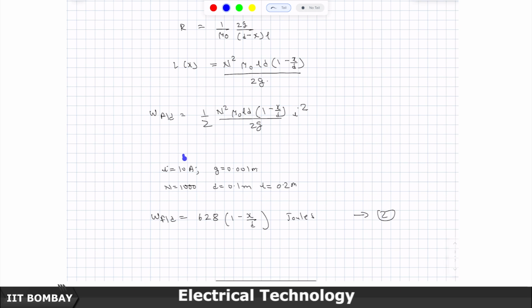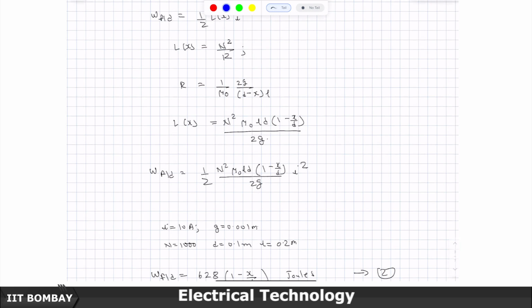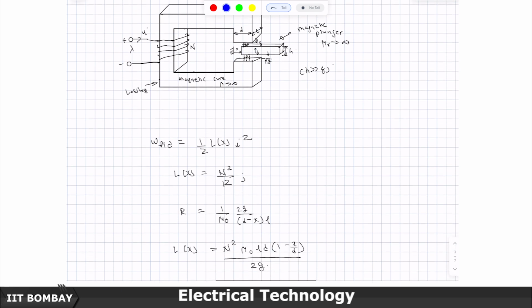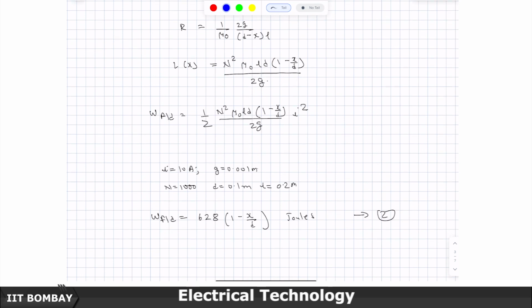Now, let us assume that the current we have set up is 10 amperes, the gap is 1 mm or 0.001 meters, the number of turns is 1000, the dimension d is 0.1 meters and the dimension L is 0.2 meters. This is d, this is L, this is G, 3 important dimensions that we have to worry about.